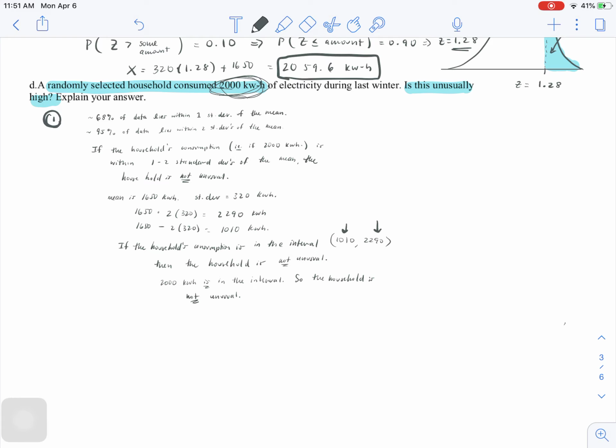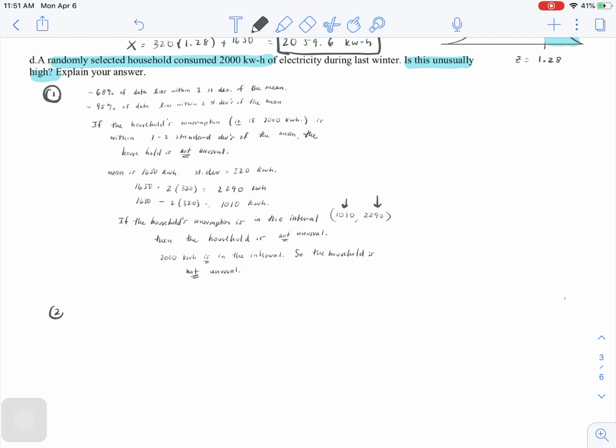That's our first method. Another method we can use is to figure out what percentile our observation is at. In other words, what percentage of households consume less than 2,000 kilowatt hours of energy?